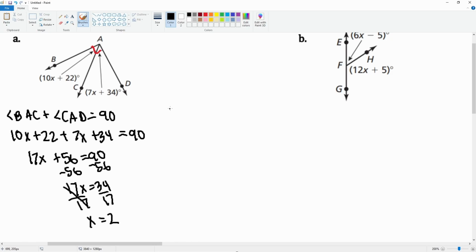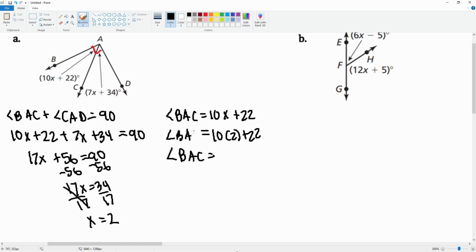All right, let's solve for each angle piece. Angle BAC is equal to 10x plus 22. Plug in the value for x that we figured out. 10 times 2 plus 22, which is 42. So angle BAC is equal to 42 degrees.